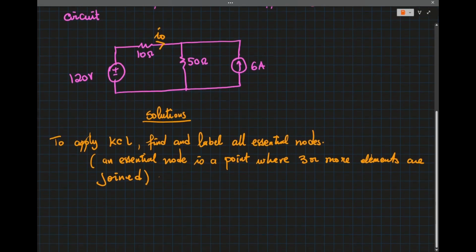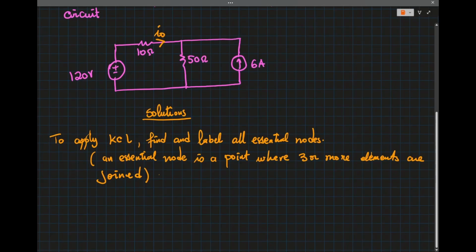The reason why we want to find essential nodes is that we want to end up with the minimal set of equations to solve the network. So we're going to do this a few times. In all my videos where I apply Kirchhoff current law, I will follow the same steps so you get used to it.